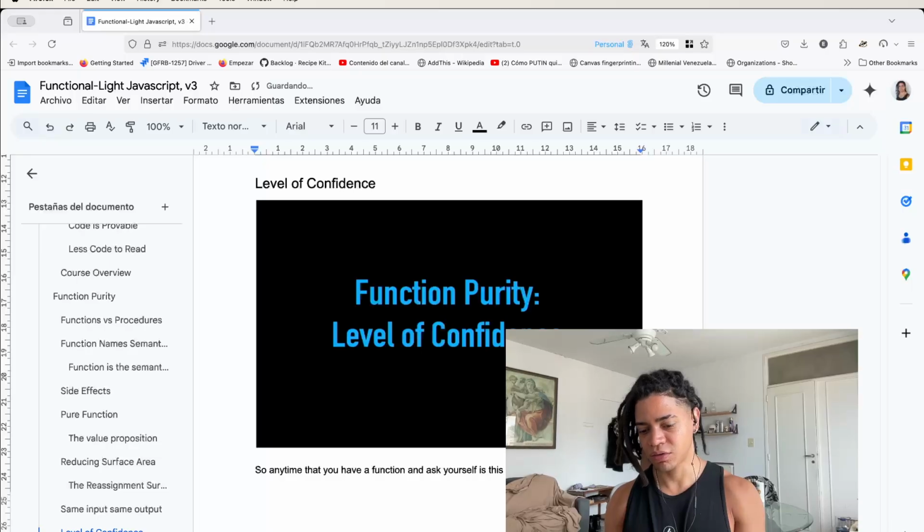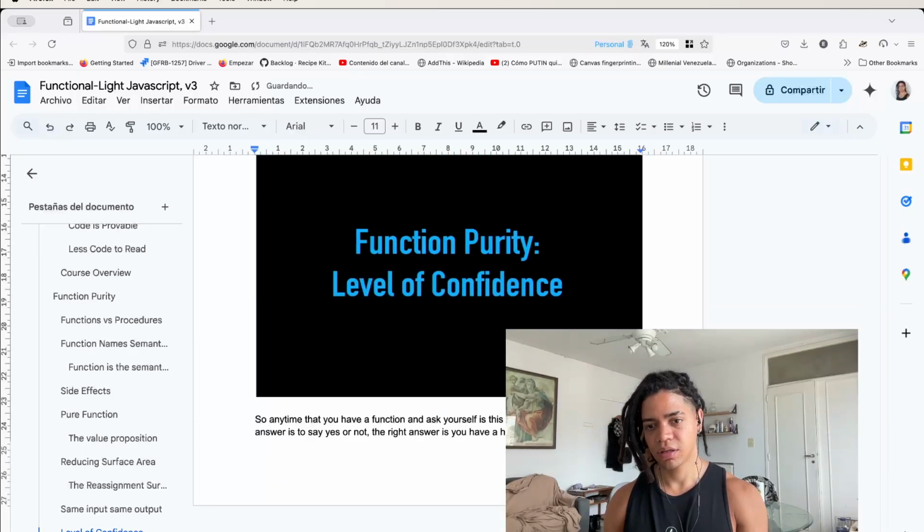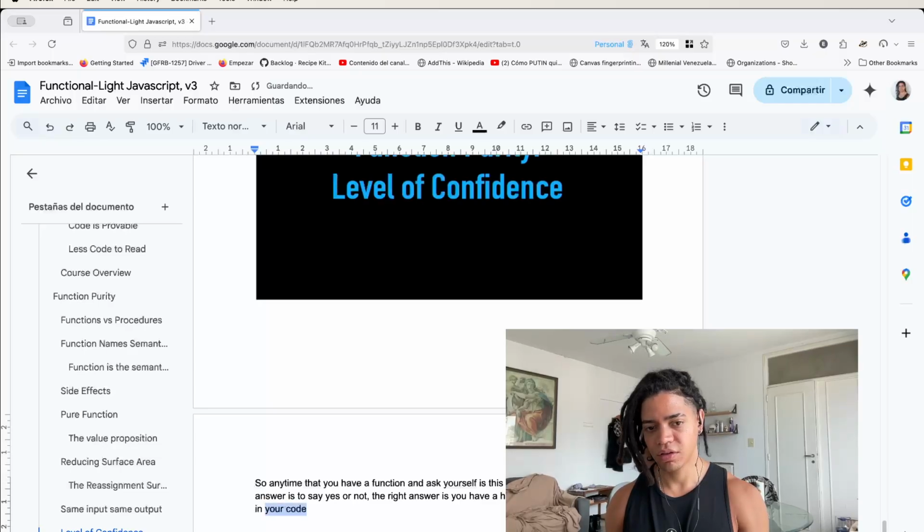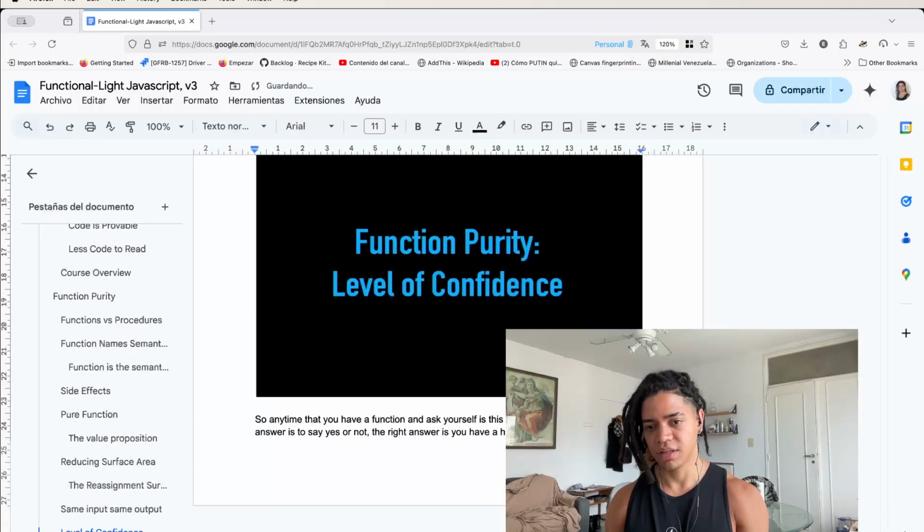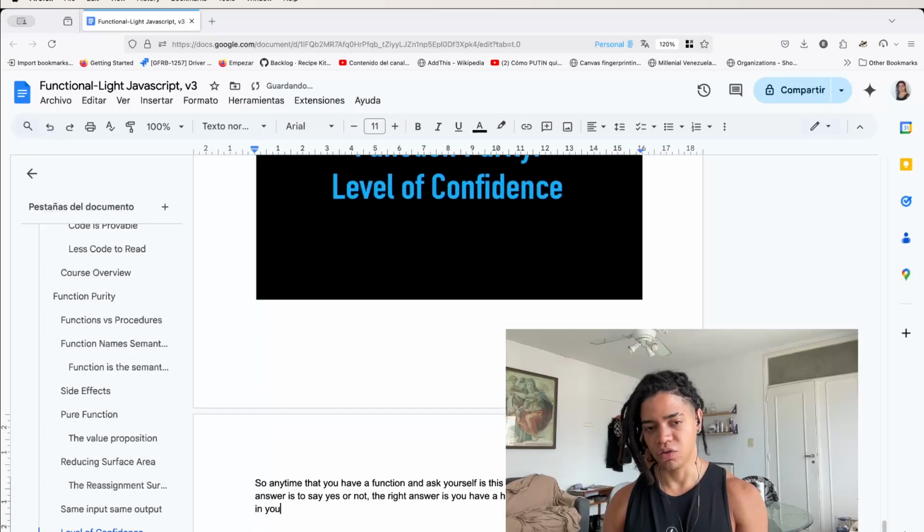The wrong answer is to say yes or no. The right answer is you have a high or low degree of confidence in your code. Confidence in that function.